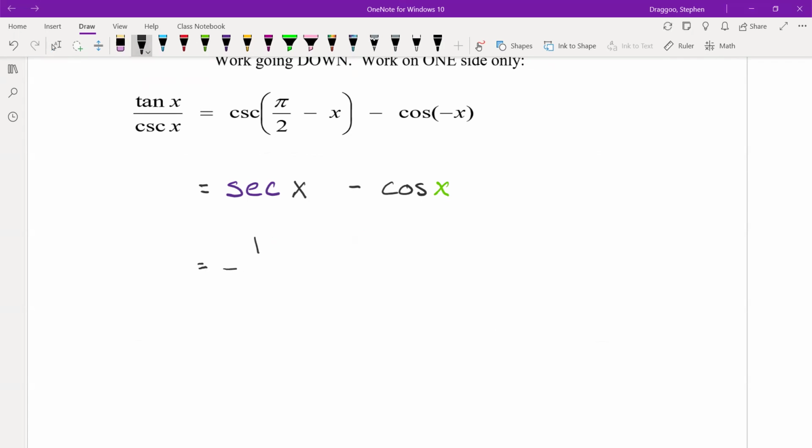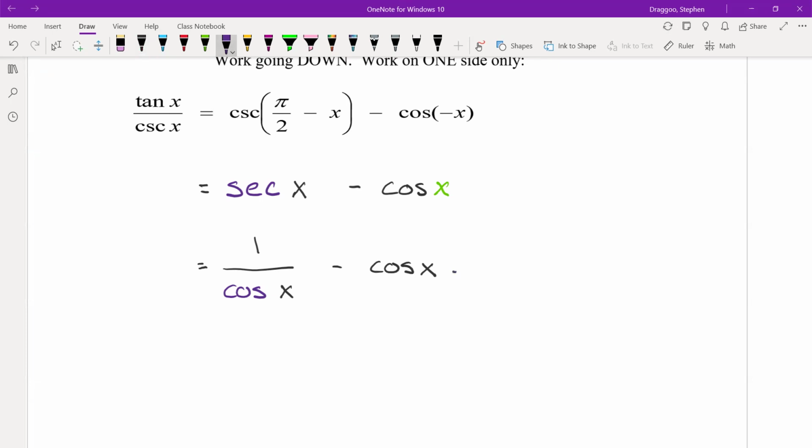Secant is the same as 1 over cosine x minus cosine x. Cosine was already cosine, so I didn't change it around. But now I do at least have a fraction that I'm trying to add in here. Right? My first term has a denominator. So if I want to keep simplifying this, probably getting a common denominator between the two terms is my next best step.